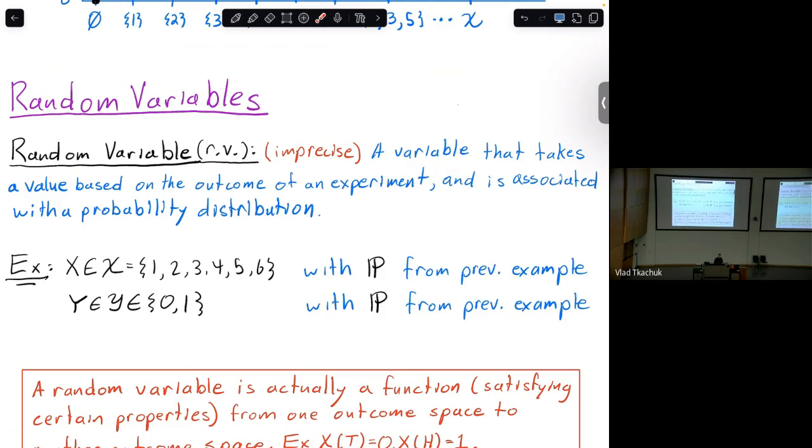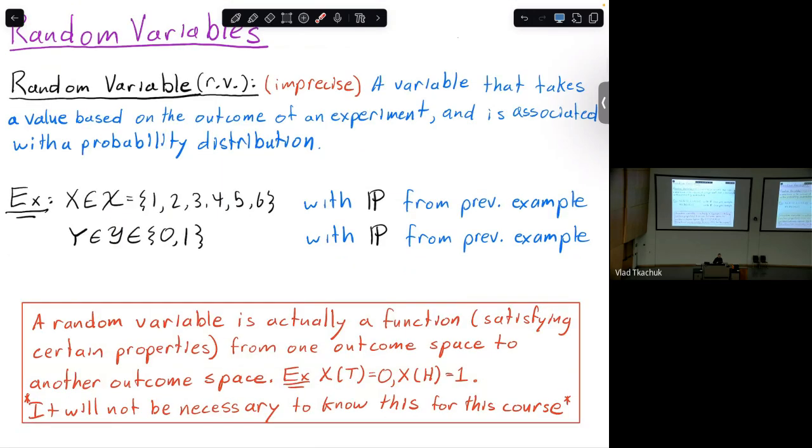An example of this is a random variable which is an element of the outcome space for dice rolls like this, or a random variable for heads or tails. And we'll use capital letters for random variables everywhere.